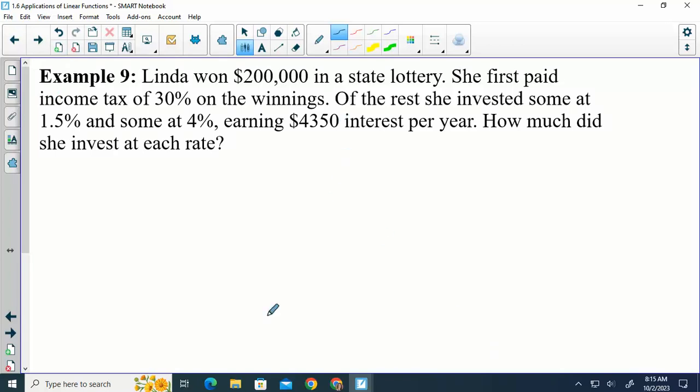Linda won $200,000 in a state lottery. She first paid income tax of $30,000 on the winnings. Of the rest, she invested some at 1.5% and some at 4%, earning $4,350 interest per year. How much did she invest at each rate?